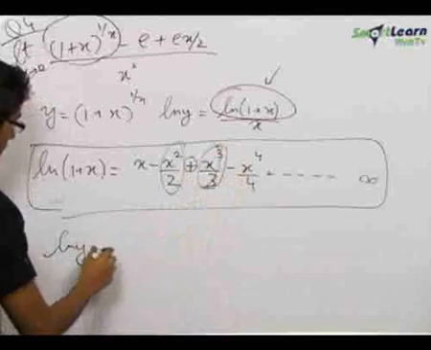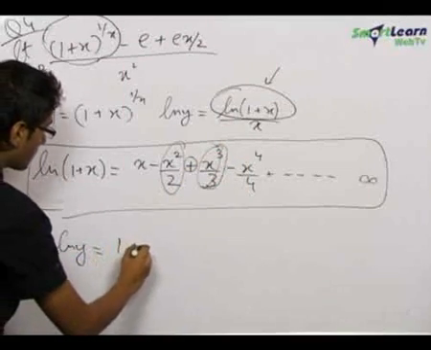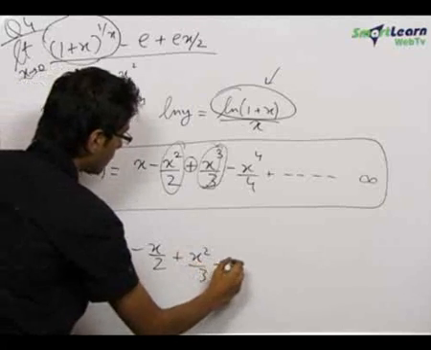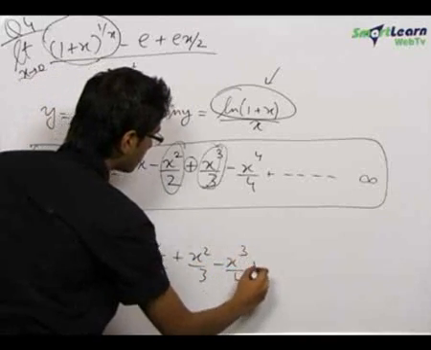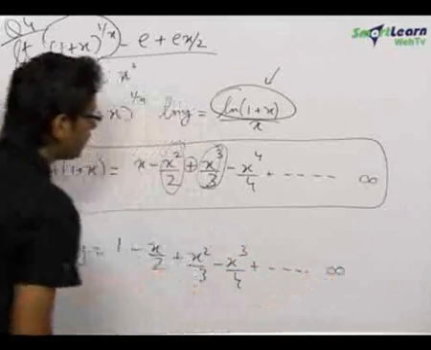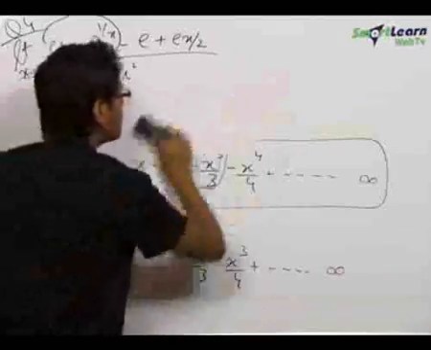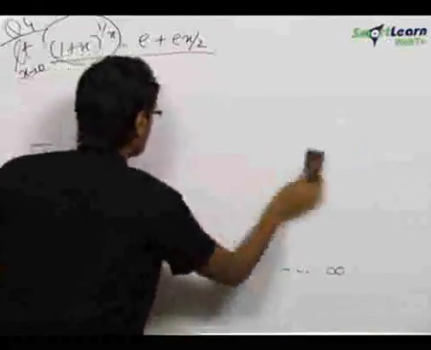So we put this expansion over here, and on dividing by x we get ln y equals 1 minus x by 2 plus x square by 3 minus x power 3 by 4 up till infinity. This is the value of ln y.